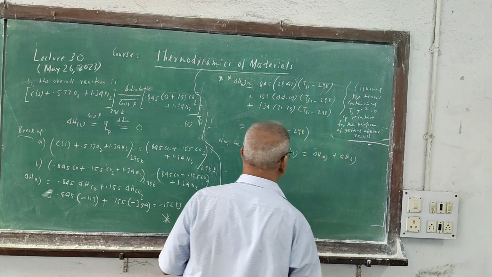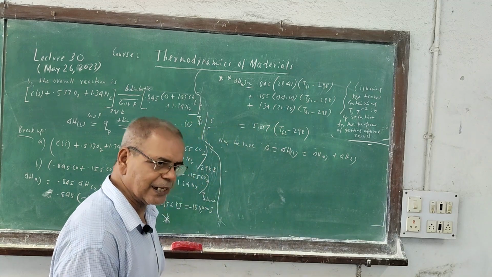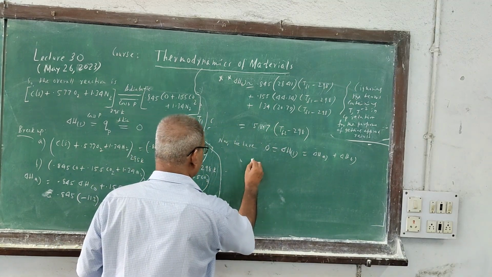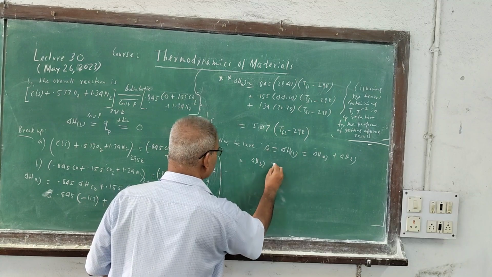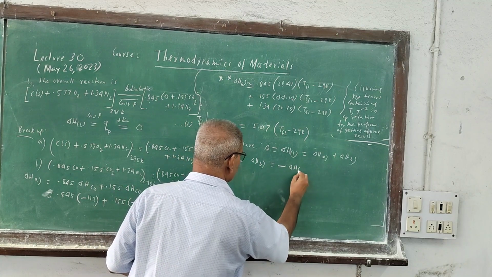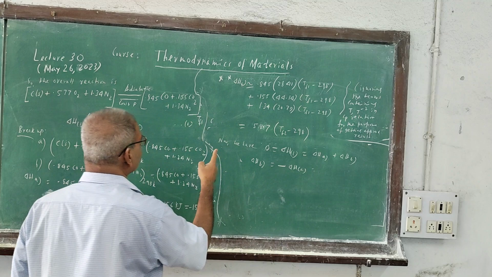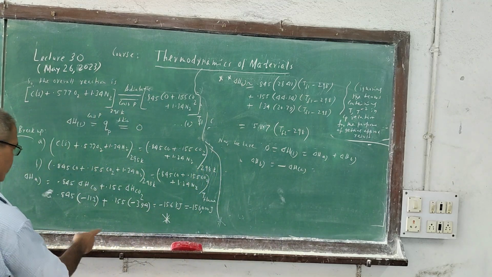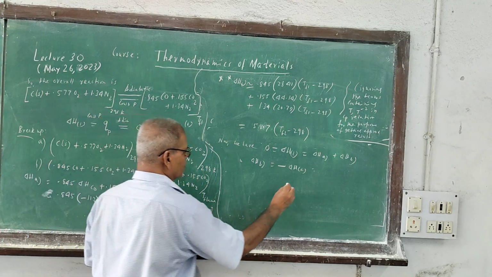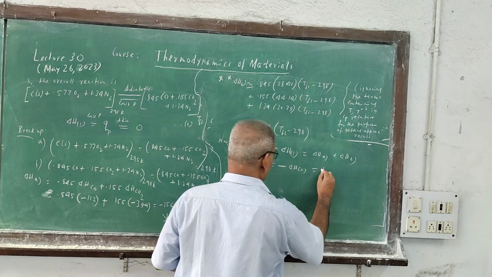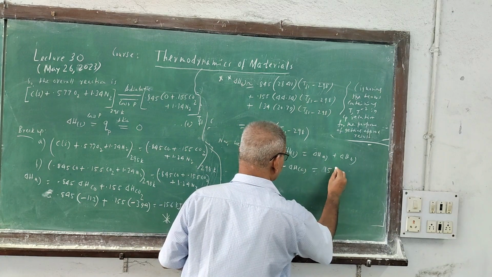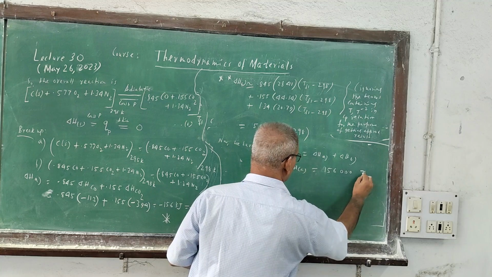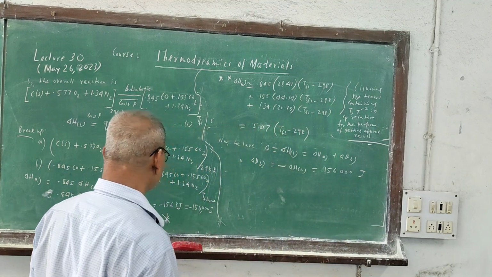This gives us delta HB is nothing but minus delta HA, which we found earlier, plus 156,000 joule.